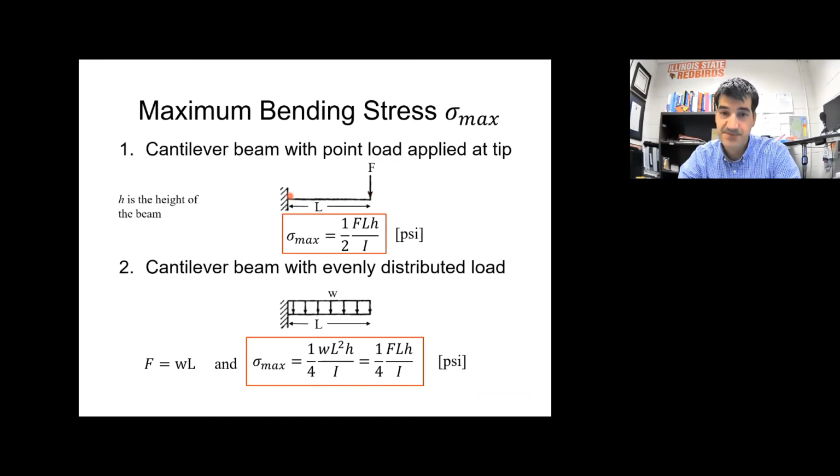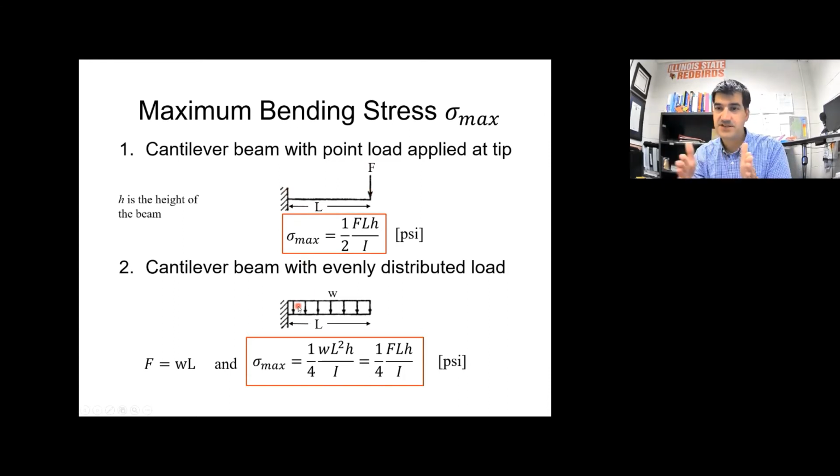It's on the top surface of the beam because the top is in tension for a cantilever beam, and the point where you have the maximum stress is all the way back here at the root or the base of the cantilever, and it's on the top side right there. All right, so the most common place to see a cantilever beam fail is right there on the top side at the base of the cantilever. So that's our point load applied at the tip of the cantilever.